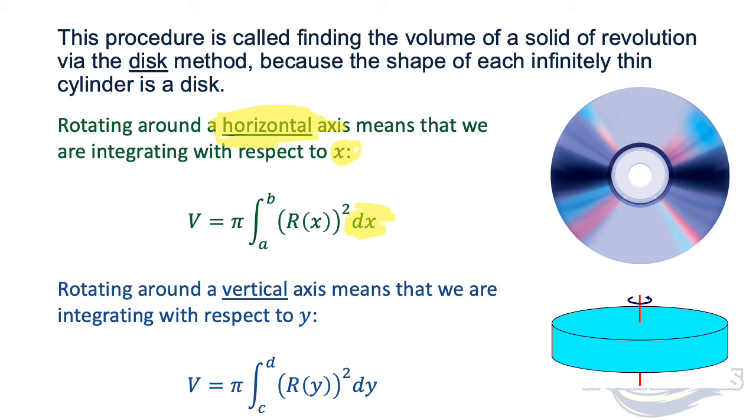And then if we're rotating around a vertical axis, such as the y-axis, or x equals a constant, right? Like x equals 2 is a vertical line. For those, you're going to have to switch to be in terms of y.